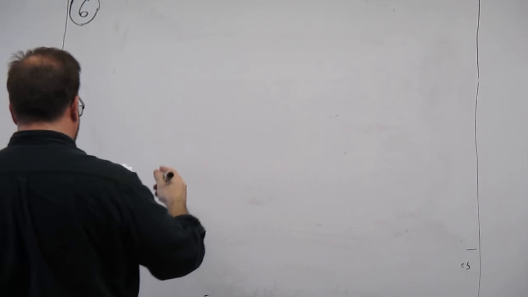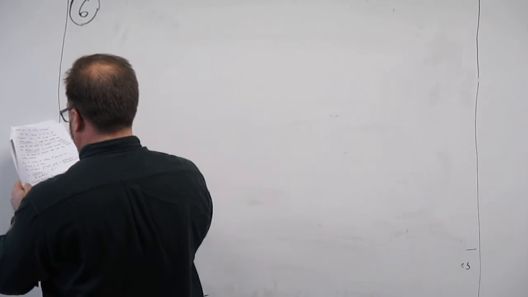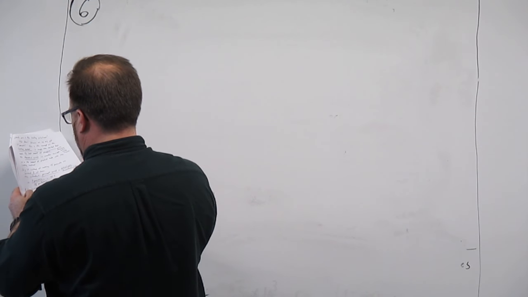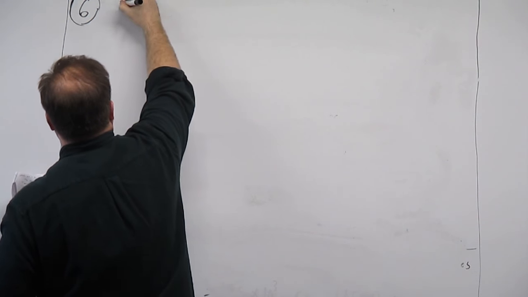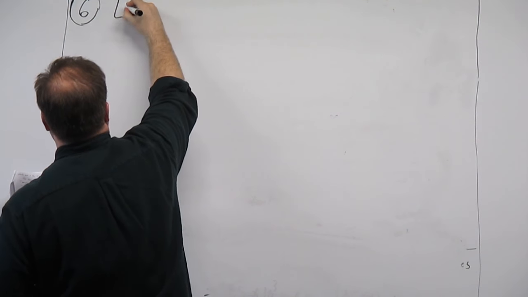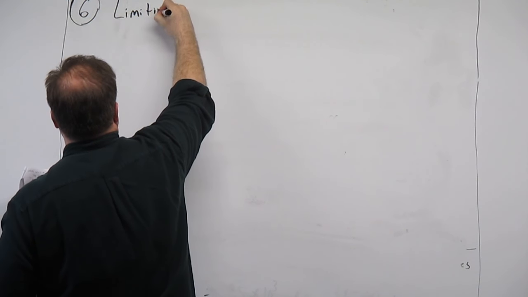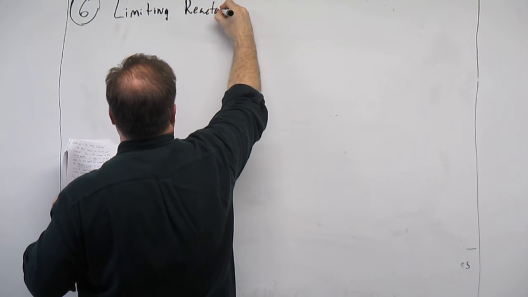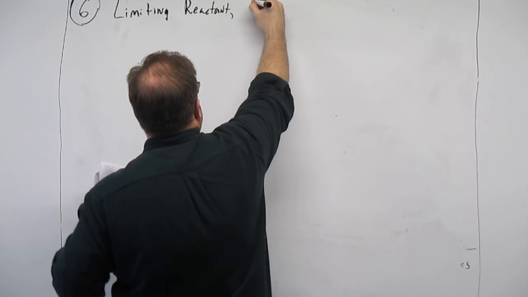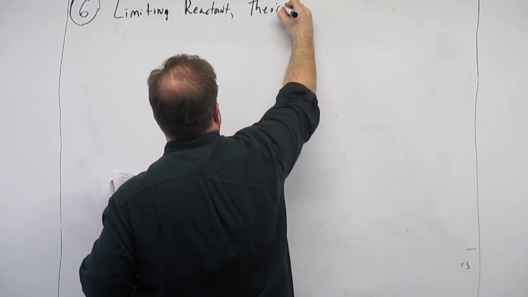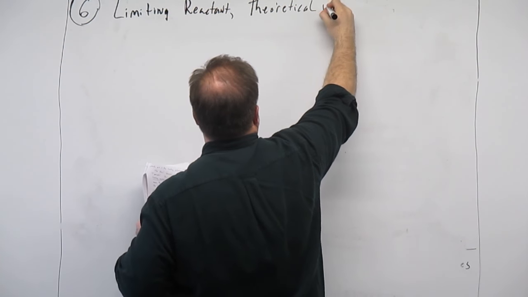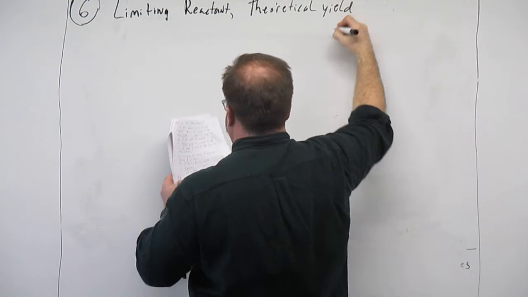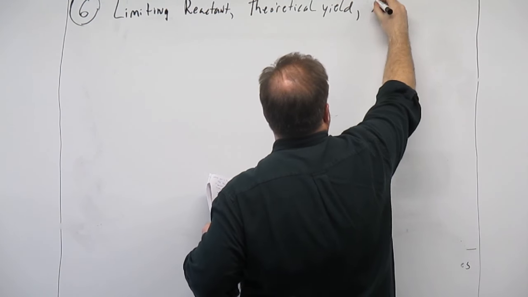Now what we talk about is we're going to deal with these new terms that we've learned: limiting reactant, theoretical yield, the percentage yield.